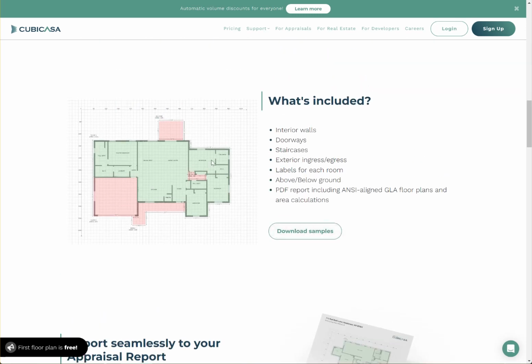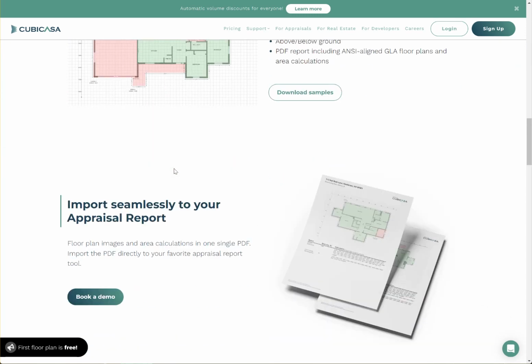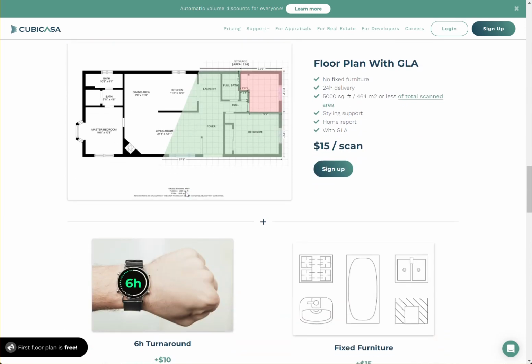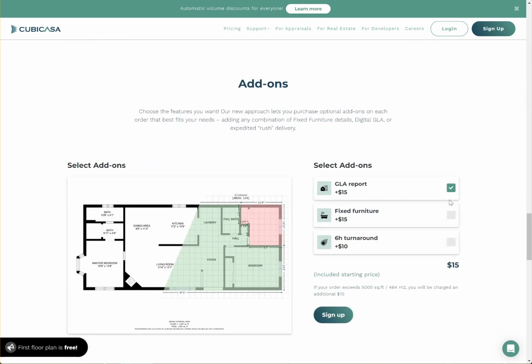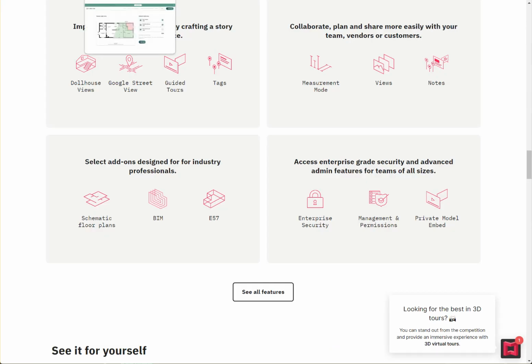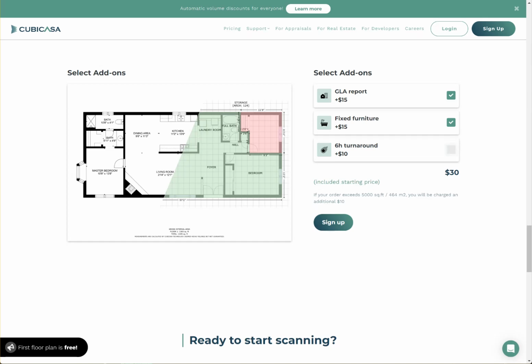The free floor plan doesn't include any furniture, and it doesn't include GLA. But if you add on a GLA report and add on furniture, you're looking at around $30 for a typical floor plan. So it's a little more than Matterport, and what I suspect is Matterport might be getting a discount from them.